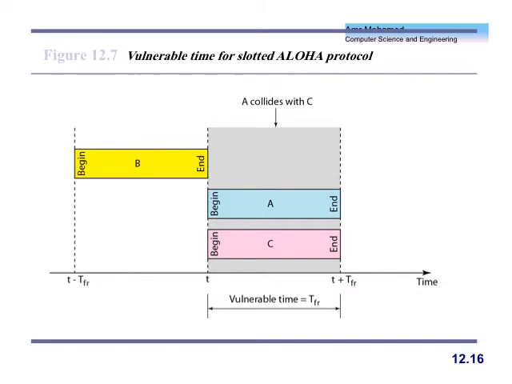Okay? So if it started late, the A and C will be shifted? Yes, so if for example, station C finds a frame at this point, it will not send. It will have to wait until this instance and then send.